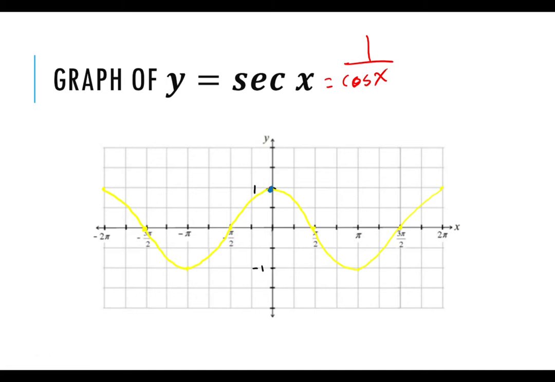Everywhere it's 1, we get secant values of 1, and everywhere it's negative 1, we get negative 1. Then, anywhere cosine is 0, we do get vertical asymptotes. That's our undefined situations.